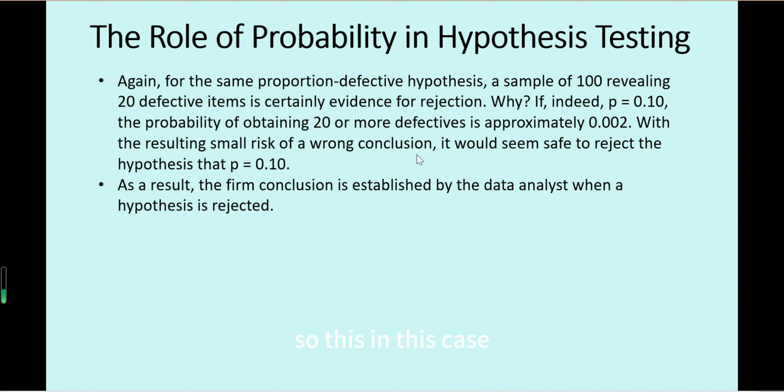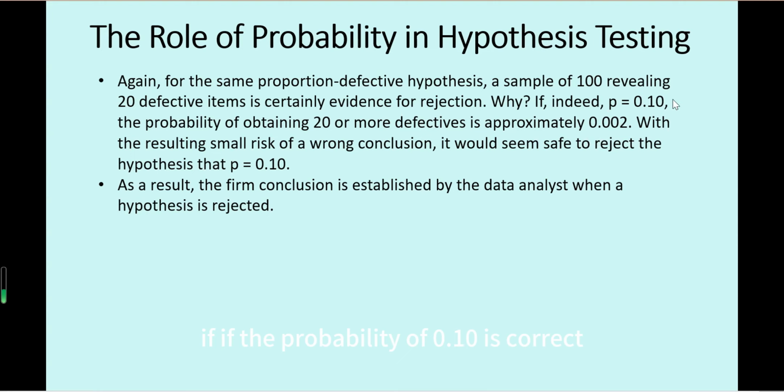So in this case, if we get 20 defective from a 100 sample and we reject the statement that the probability is 0.10, there is quite a small risk that we make a wrong decision, a wrong rejection, right? Because this probability is quite low.